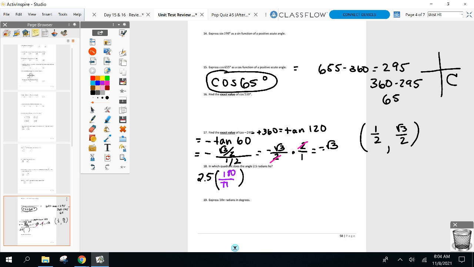All right, I cannot. There's no pi's to cross out. So everyone just doing 2.5 times 180 over pi, giving me about how many degrees that is? About 143 degrees. Can you tell me what quadrant we're in now? Yeah, second. There you go. Quad 2.